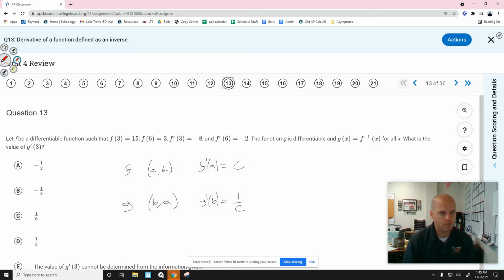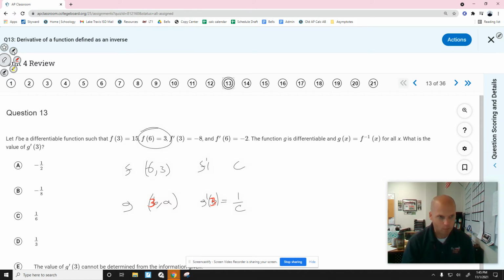g prime of 3. Well, I need the slope of f when its y-coordinate is 3. You might be thinking, oh, (3, 15)? Nope. I want this point, (6, 3).